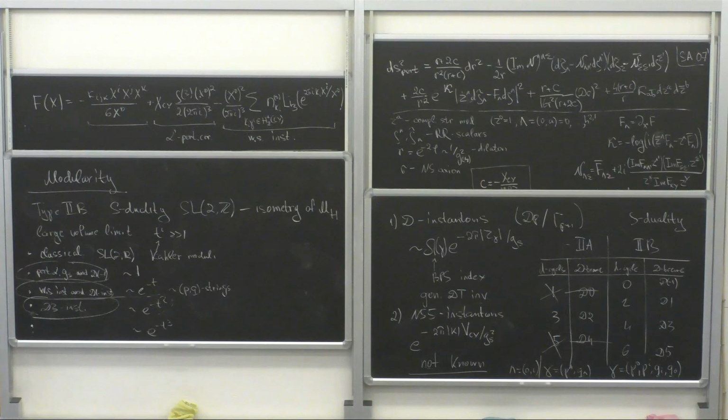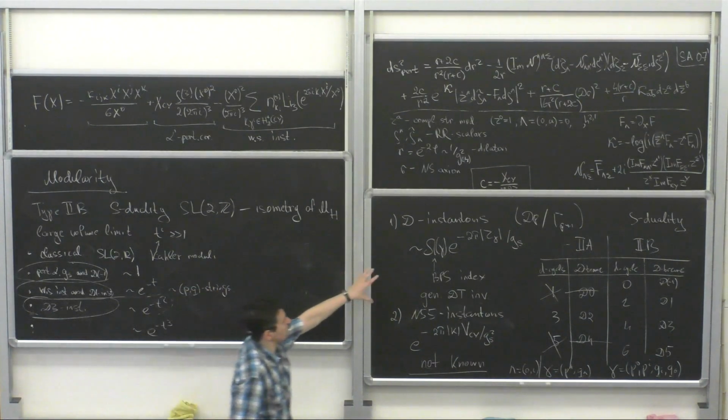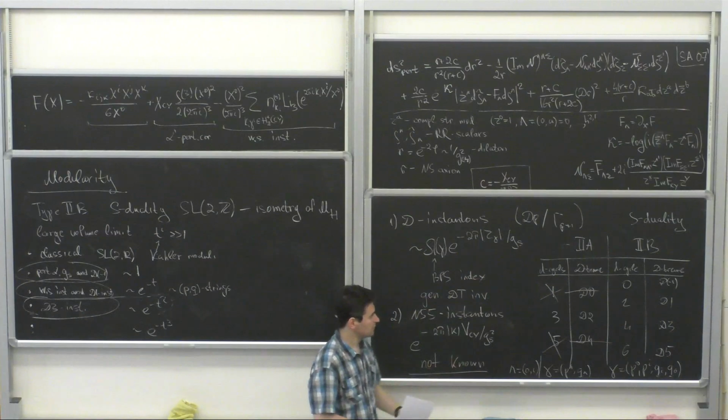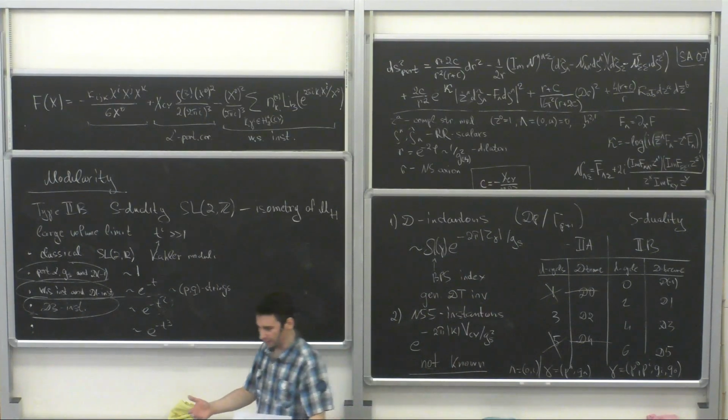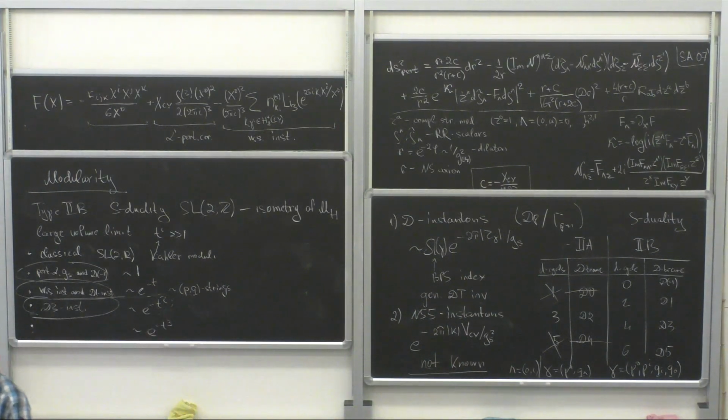And this is very non-trivial. The point is that D instantons have been derived in the type 2A formulation. You can map them using mirror symmetry to type 2B, and by some miracle, they should turn out to be SL2Z invariant in this sector. And this is really non-trivial.